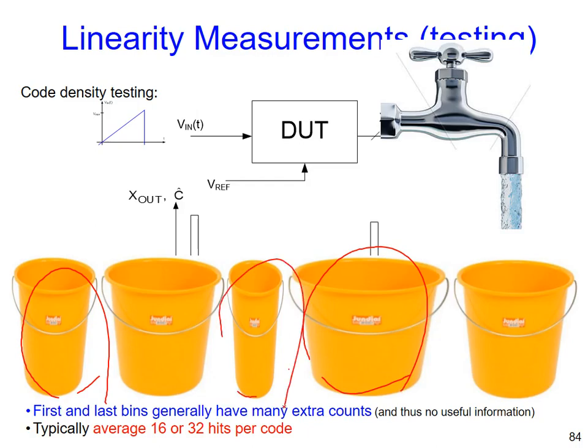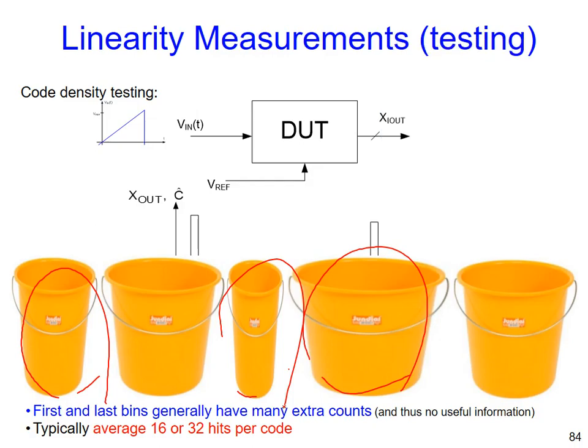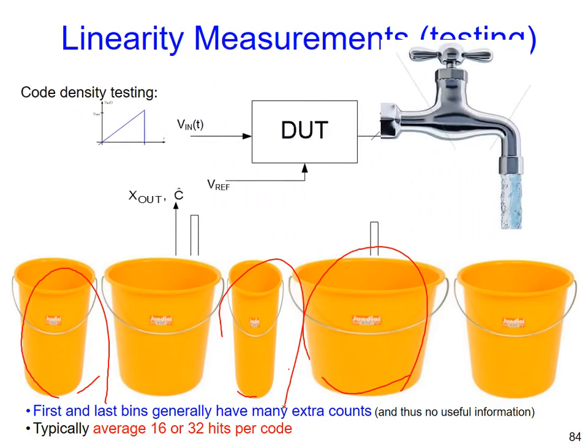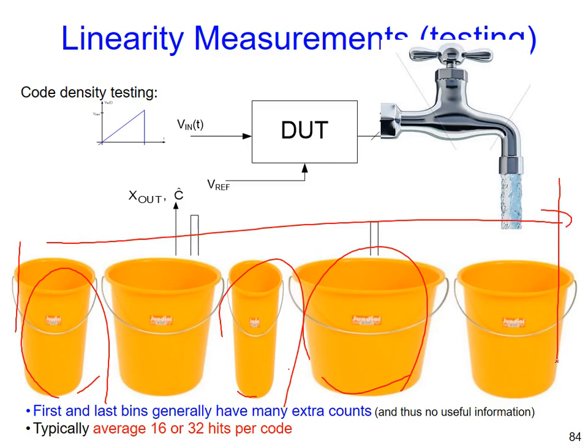Some become smaller. If you increase your input all the way from the minimum to the maximum, if I'm larger, I will get more water. Got it? If I'm smaller, I will get less water. That is the idea for the histogram.